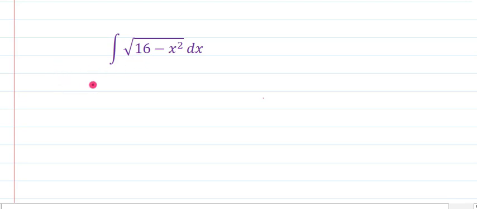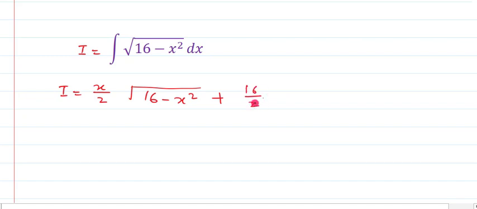So using the result simply, let me name it as I, is equal to, we directly need to write the result: x upon 2 square root of 16 minus x square plus a square upon 2 sine inverse x upon a plus c.